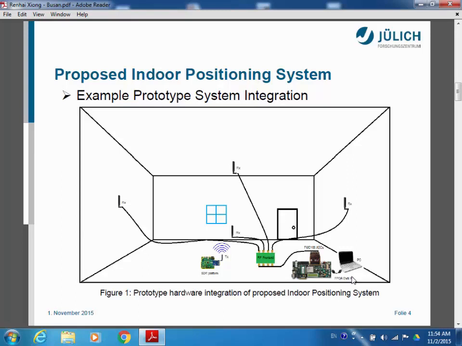In the prototype, we implement the transmitter using an SDR, a software-defined radio. You can manipulate this radio using any kind of modulation scheme, and this platform can implement a wireless communication system in the frequency range from 70 megahertz to 6 gigahertz. So it covers our frequency range of interest.